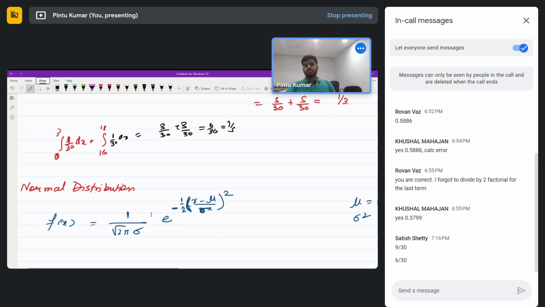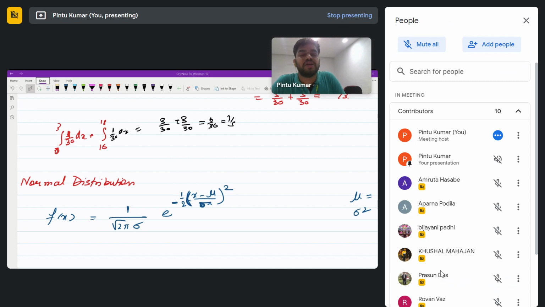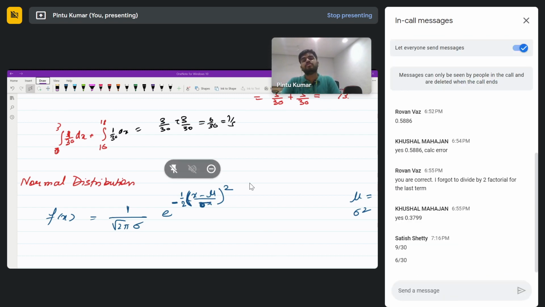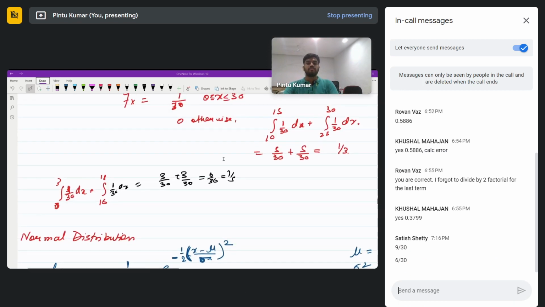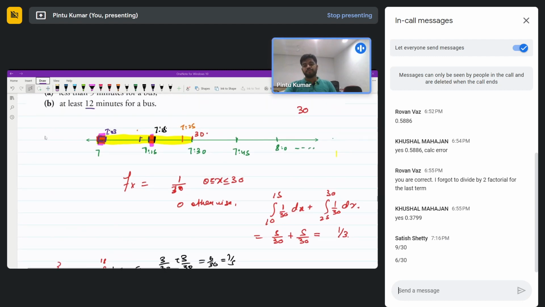Okay. Now we move to a very important distribution. Yes. Regarding this uniform distribution calculation, we can think of the CDF with the probability of 1 by n, right? No, actually not.